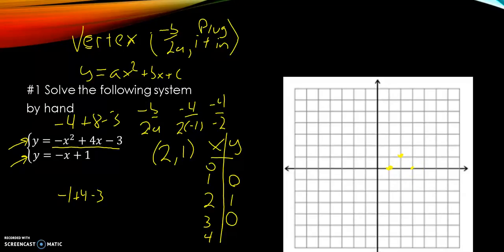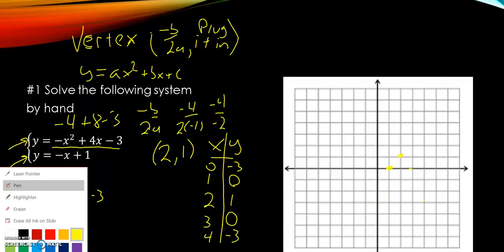Then if we plug in 0 to this equation, I have 0 squared, which is 0, plus 4 times 0 is 0, minus 3. That gives us negative 3. And if I plug in 4, I also get negative 3. That gives us 2 points at 0, negative 3 and 4, negative 3.